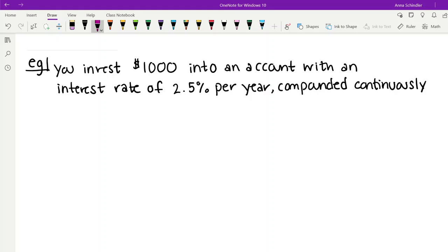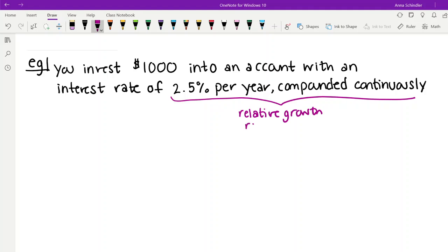They talk about interest. But all I want you to know for now is that whenever you see the phrase compounded continuously, that's telling you that you have a relative growth rate. It basically means that at any given moment, the interest is accumulating at 2.5%.